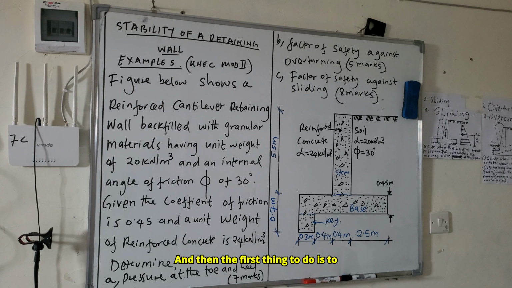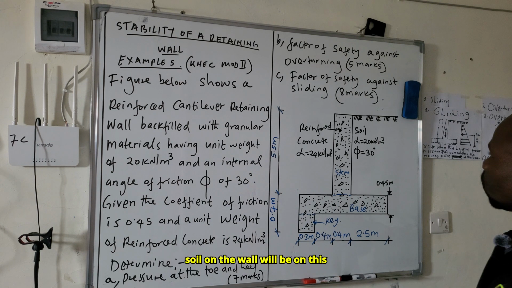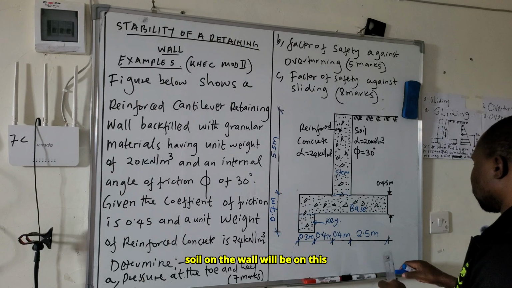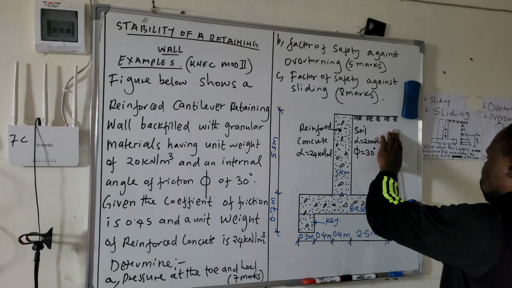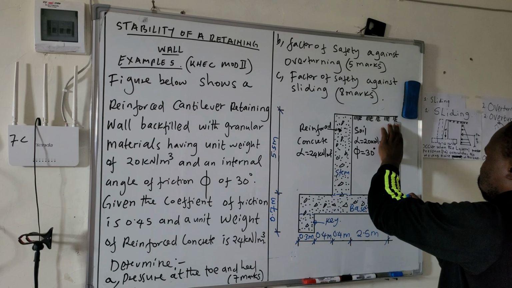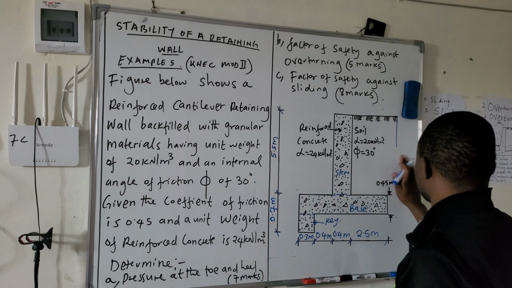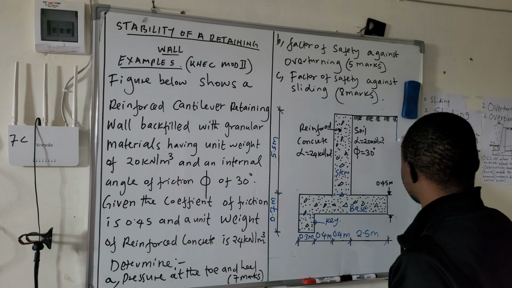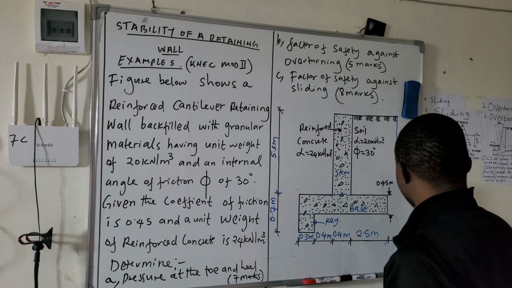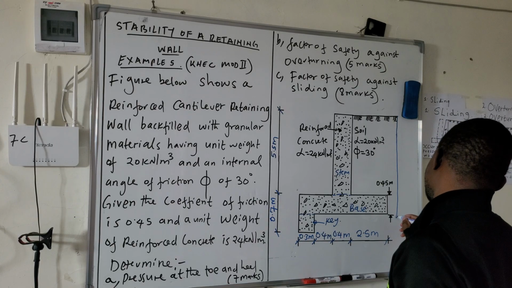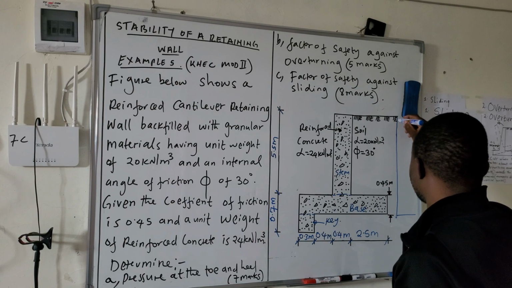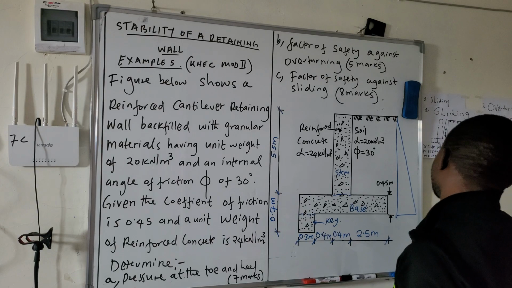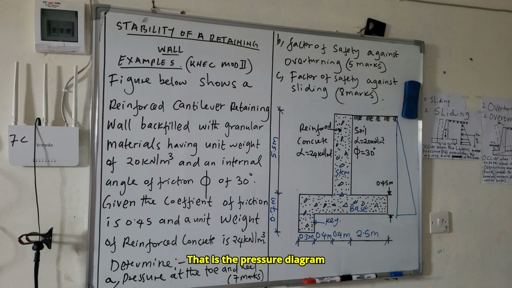And then the first thing to do is to draw the pressure diagram. So let's draw the pressure diagram. Soil on the wall will be on this side. So that is the pressure diagram, PA.